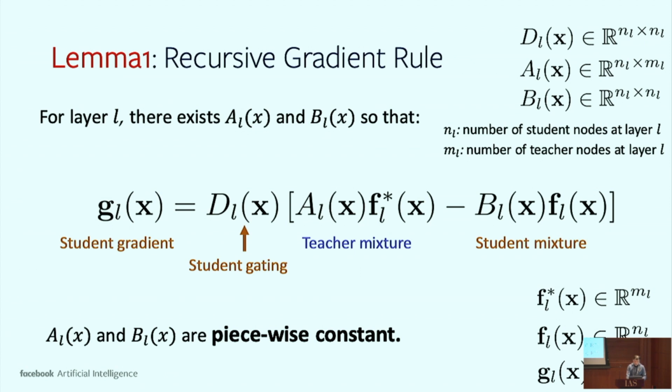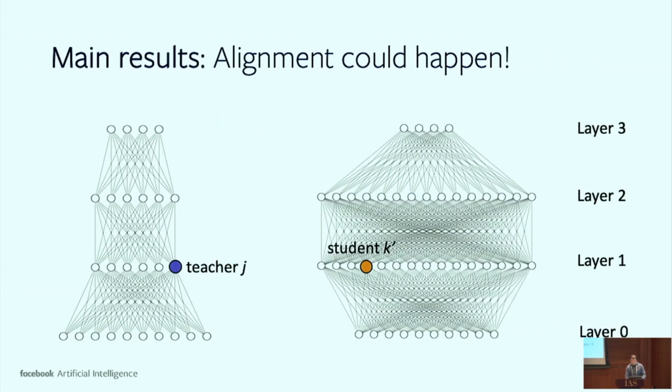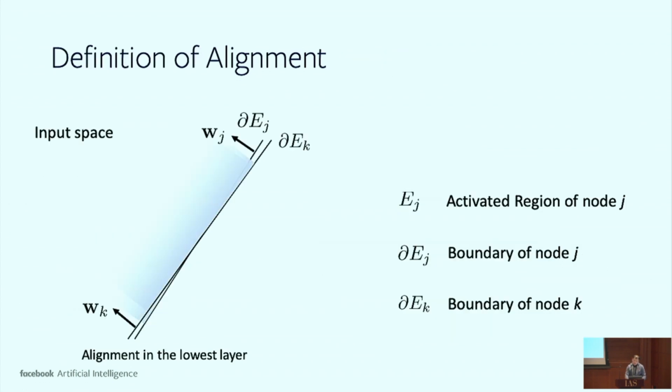After we have that, we can show that in the lowest layer, there will be alignment between teacher and students. But before we achieve that, we want to make some definitions of different concepts. First of all, what do I mean by alignment? The alignment in the lowest layer can be visualized in the input space, where every point is an input data point.